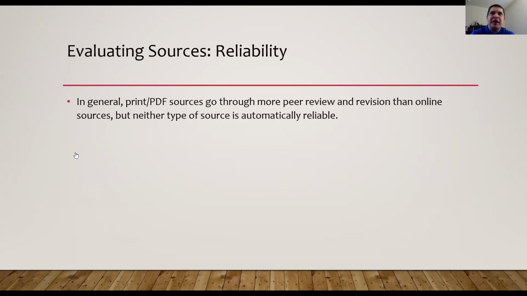And one thing to keep in mind is that the sources that are in academic databases, such as Academic Search Complete, you may have come across before, Google Scholar to a limited extent, they go through professional peer review. And usually a lot more people look at that, a lot more experts evaluate that and say, well, here are the pluses, here are the minuses, here's what you should fix, compared to something like a Wikipedia article.